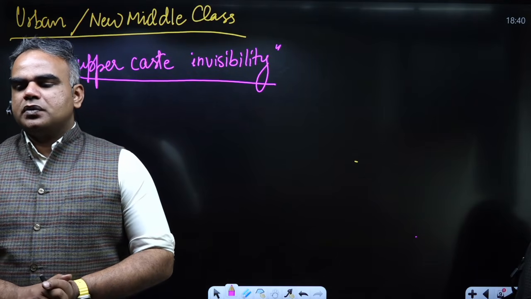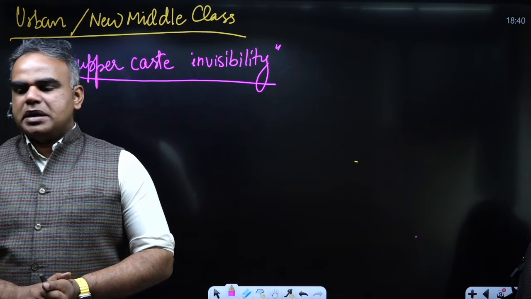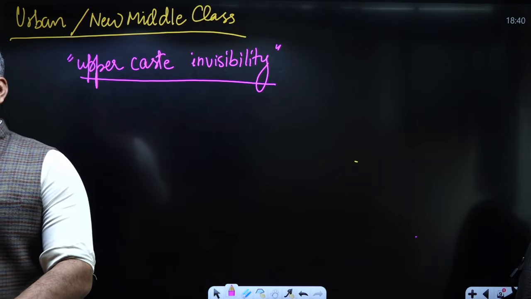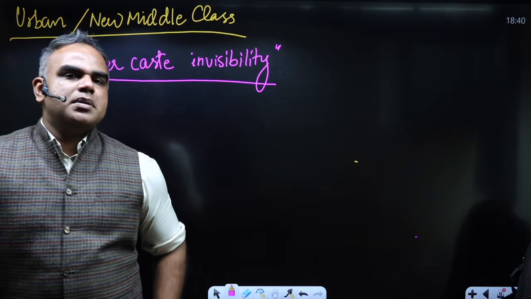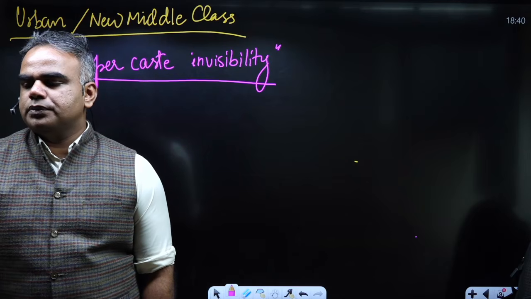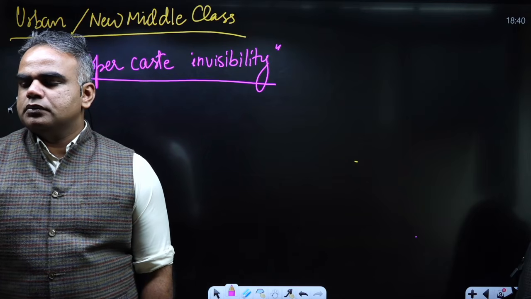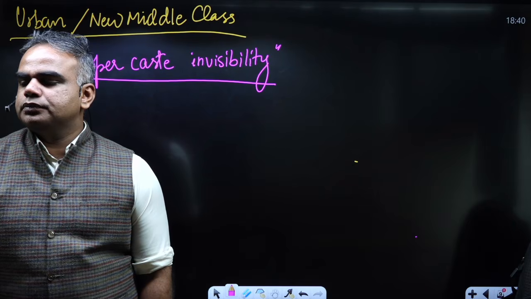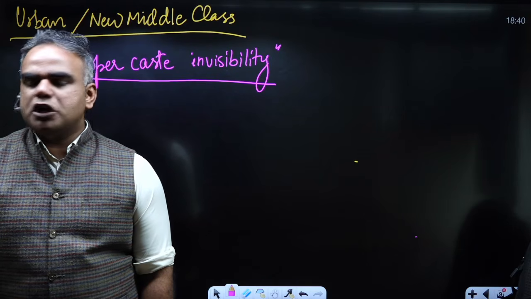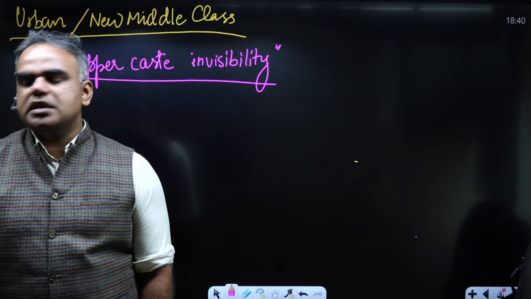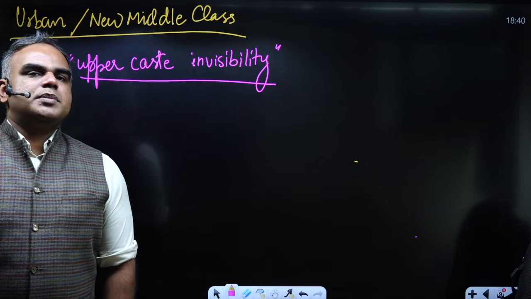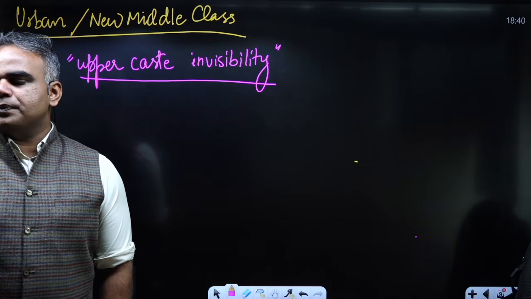Ambedkarite networks, subcaste forums, and online activism have reshaped how caste identity is articulated and defended.